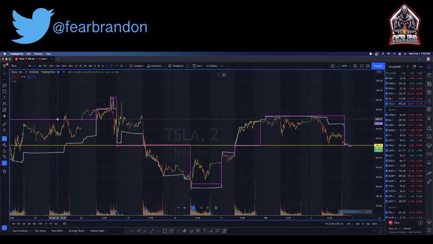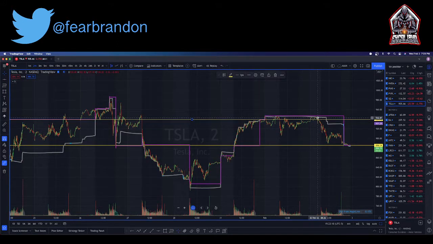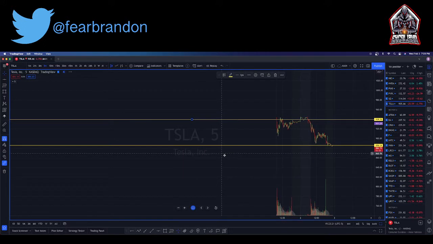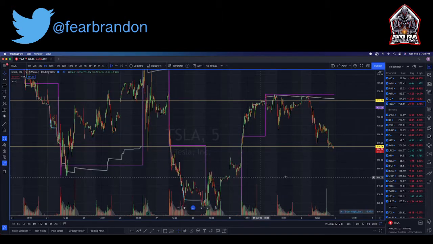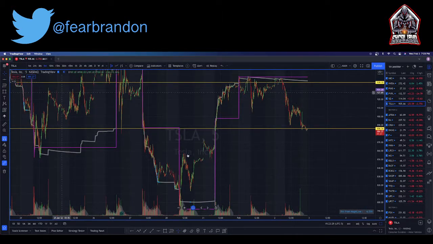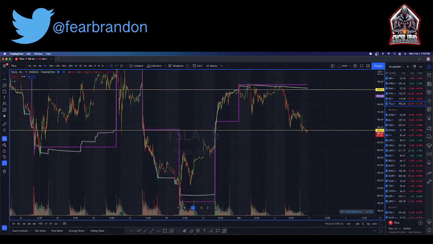This price right here, where you go all the way across, that's your liquidity area. That makes sense? Because whales only buy based on price.